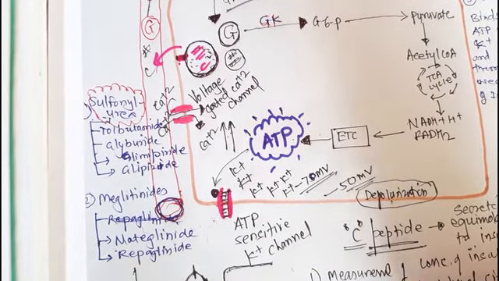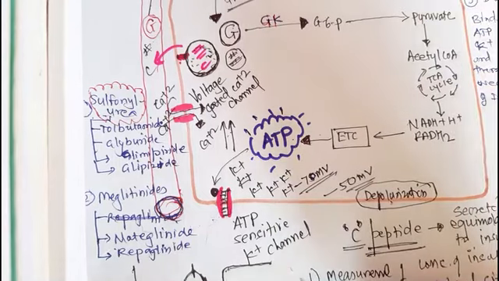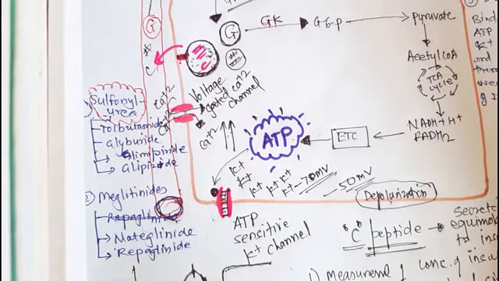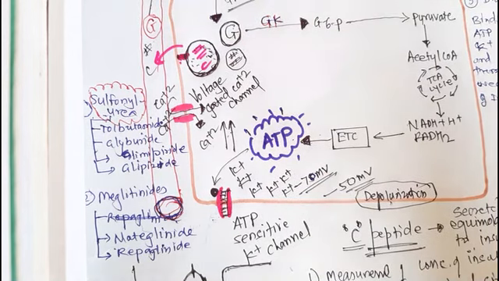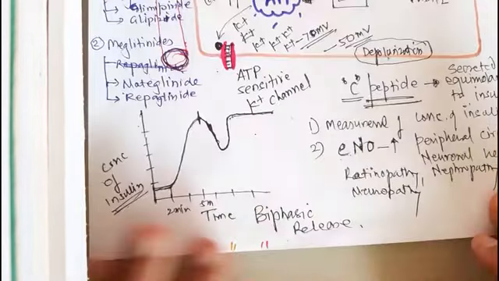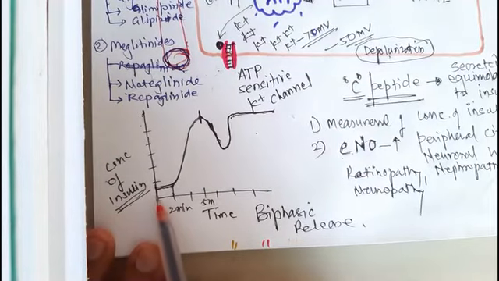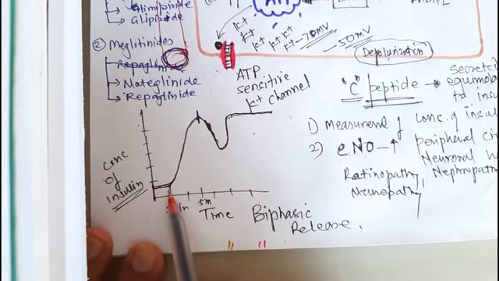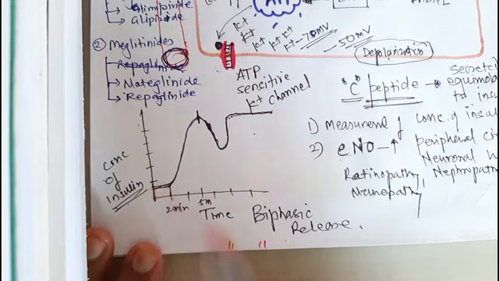Now before that, insulin is released in a biphasic fashion. If you see here, after the stimulus, the main stimulus being glucose, the increase in the blood sugar level is the main stimulus for the release of insulin from the pancreatic beta cells.